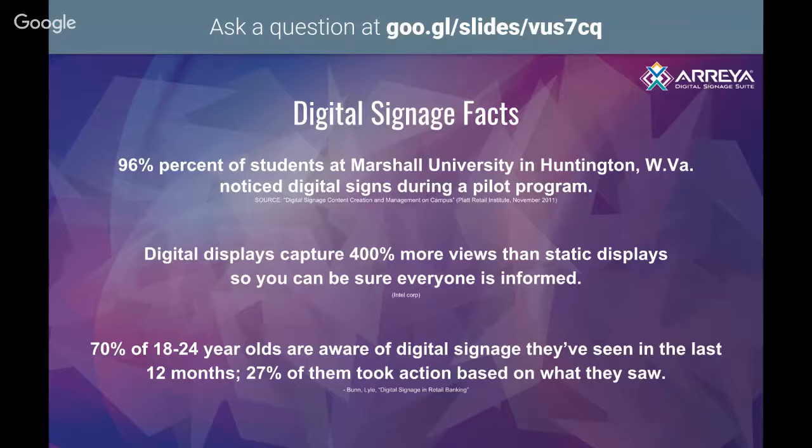They know it's out there, and they can remember that it was there. On top of that, 27% of them actually took action based on what they saw. So if you're trying to connect to students and you want them to have that drive to achieve a goal so that you can recognize them on the signage, this is one way you can capture up to 30% of those students that you might not capture otherwise.